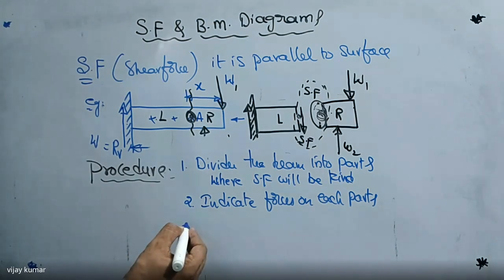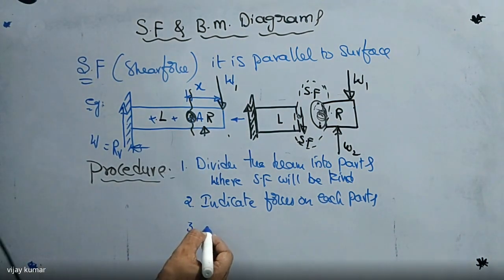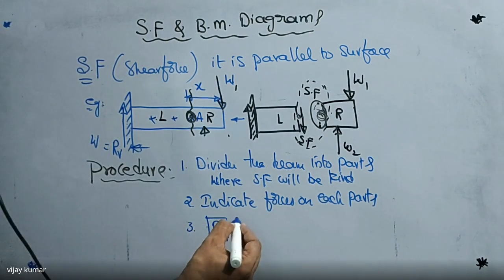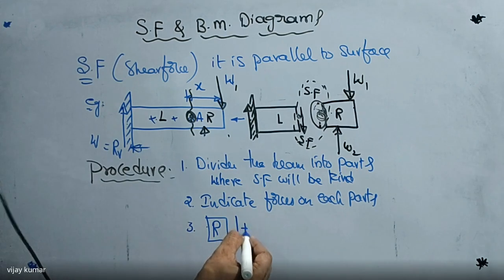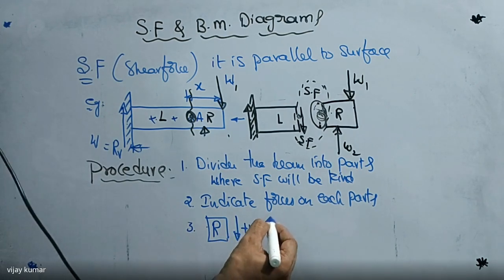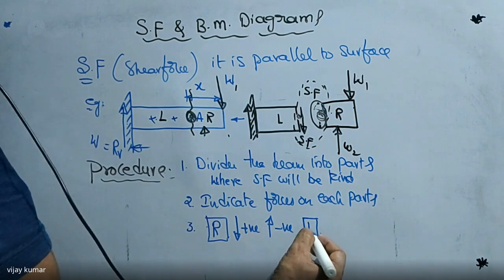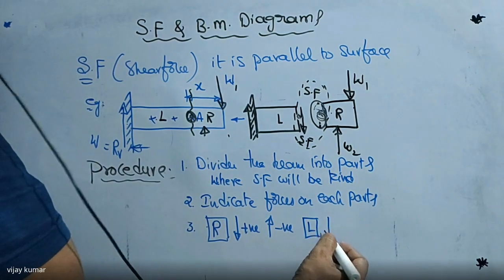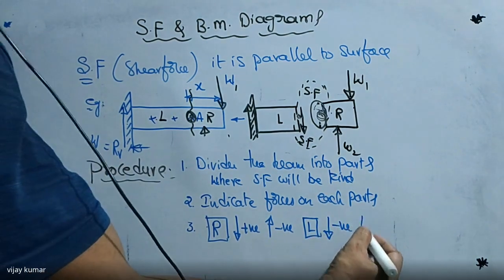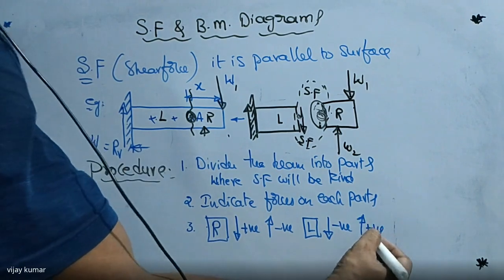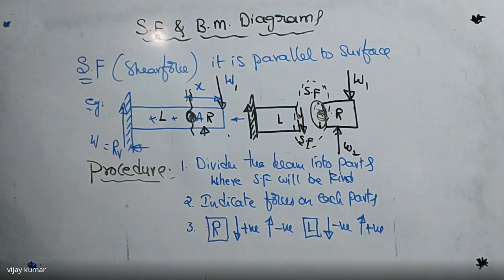And the third one, I'm going to write, if you take a right portion, downward is positive and upward is negative. In case of the left part, downward is negative, upward is positive. This is the standard notation of forces in case of shear force.